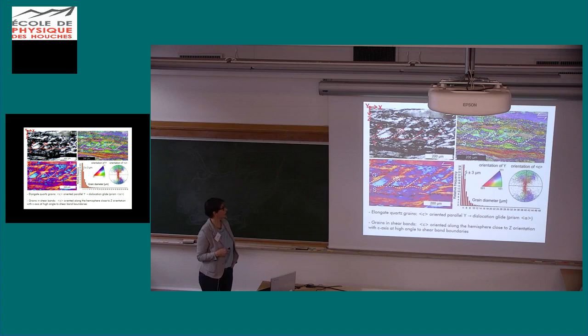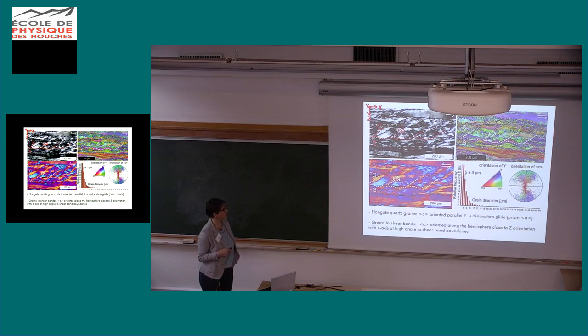Of course, the axes of the finite strain ellipsoid are a little difficult to estimate if you have these shear band cleavages and foliations, but we just assume that the foliation gives the plane where Z is perpendicular to, and X would be the lineation.